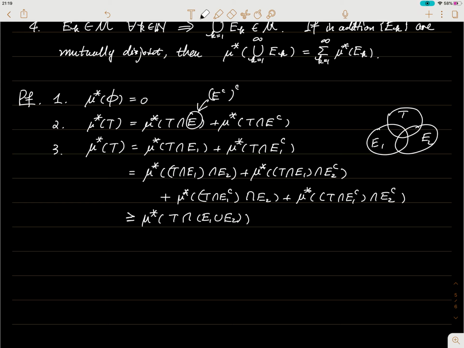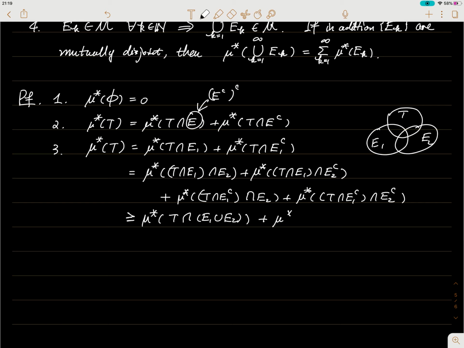Just the three sets altogether become this set. So by the subadditivity of outer measures, the sum of the three must be bigger than the measure of the union of them. Okay, so that's for the first three terms.